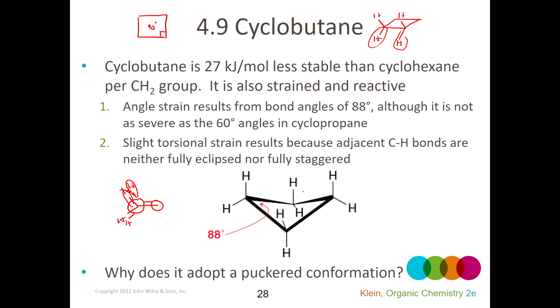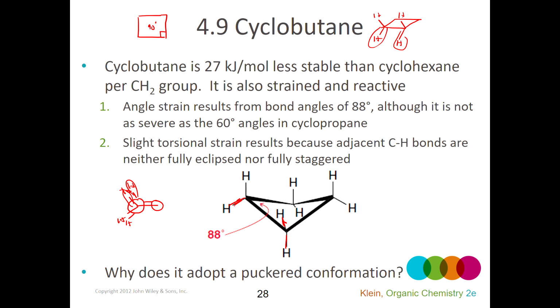So what this ring will do is avoid being flat. It naturally avoids being flat to avoid some of this torsional strain. The hydrogens on adjacent atoms eclipsing makes it less stable. So you get this kind of puckered shape where this hydrogen is going to be a little bit staggered between these two hydrogens instead of perfectly eclipsing with it.